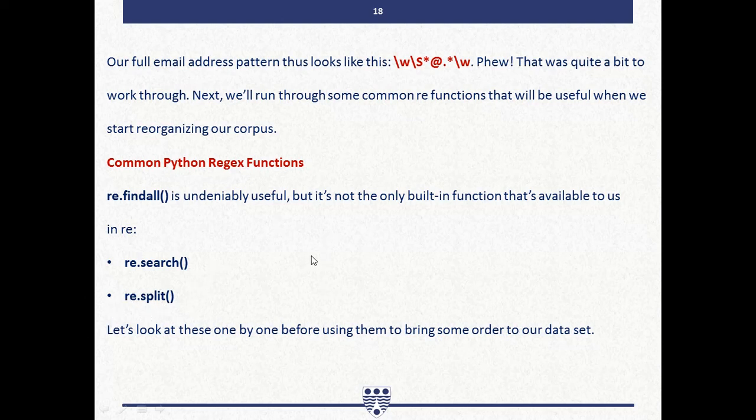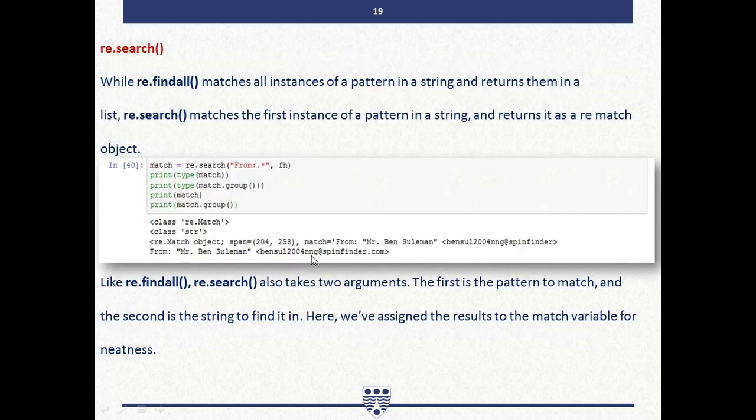Okay, so let's look at the next slide. Now, of course, so far you've understood that the find all function matches all instances of a pattern in a string and returns them in a list, isn't it? So for instance, as we saw previously, we wrote a pattern to get the email and the phone number of an individual, right?